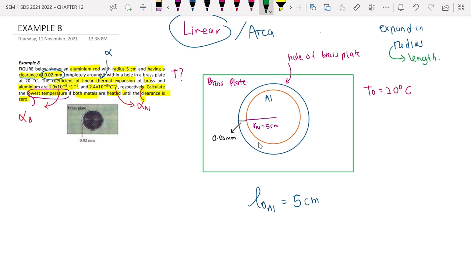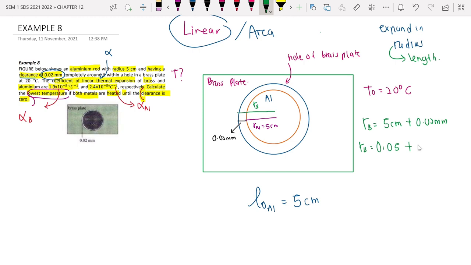Dan what about the radius of brass plate? The initial radius untuk brass plate adalah awak kena tambah 5 cm tambah dengan 0.02 mm. So, awak kena tukar awak punya centimeter and millimeter ke SI unit, which is in meter. 5 cm tukar ke meter, awak akan dapat 0.05.